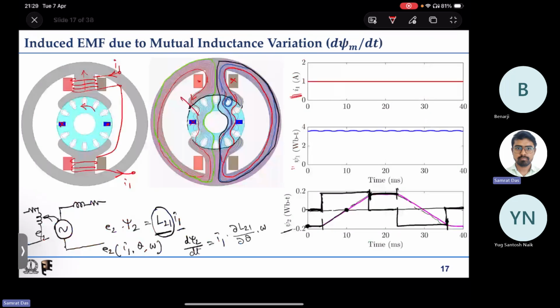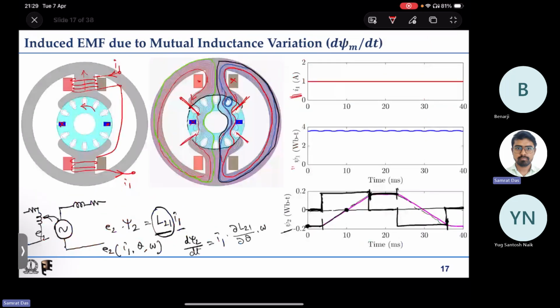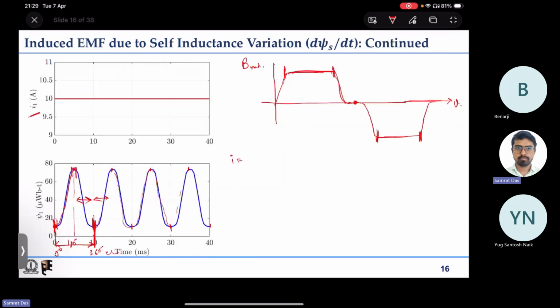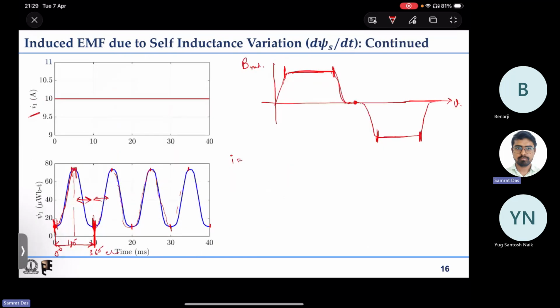This region is nothing but this region, and this region, the second one, is nothing but this region. We have already discussed this quite a few times. Now what is going to be the flux linkage of the coil? At this position the coil terminals are at 0 degree and 180 degree. So what is the flux linkage of the coil? You have to simply integrate whatever you have got from 0 to 180 degree, 0 to pi.